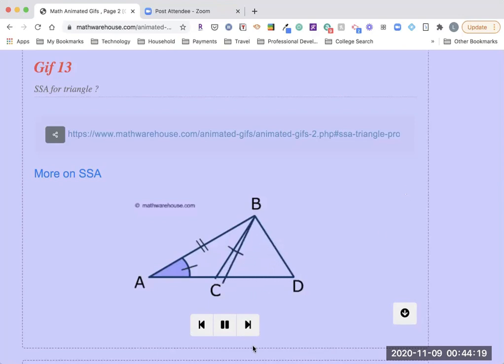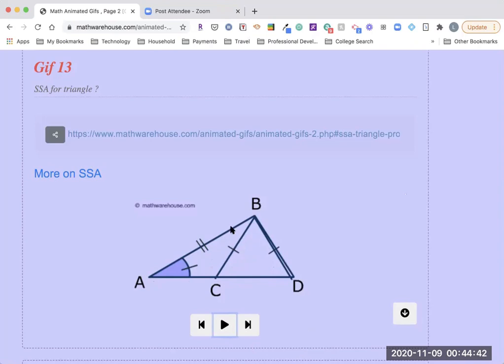So here's a demonstration for why side-side-angle or angle-side-side does not work. The first thing that you should notice is that there is a triangle here, triangle ABC, that's been created with two pairs of sides and an angle that is not an included angle.